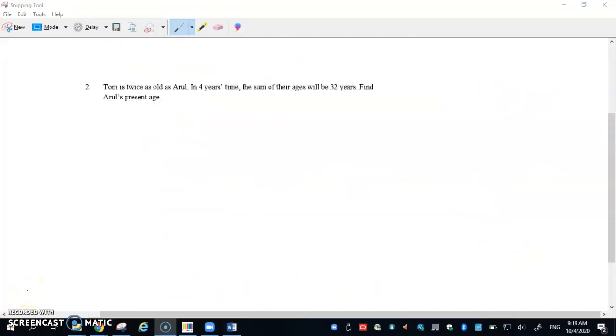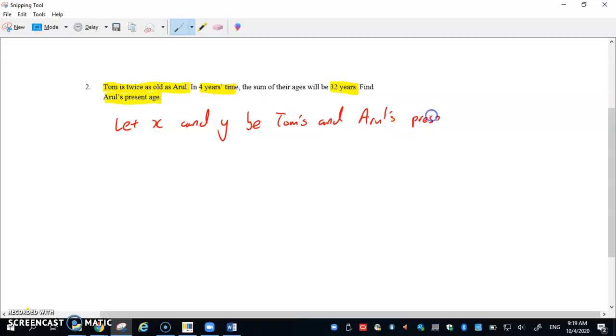Okay, so for this question, we have Tom being twice as old as Aru. In 4 years' time, the sum of their ages will be 32. And then we are asked to find Aru's present age. Alright, so we'll let x and y be Tom and Aru's present age respectively.